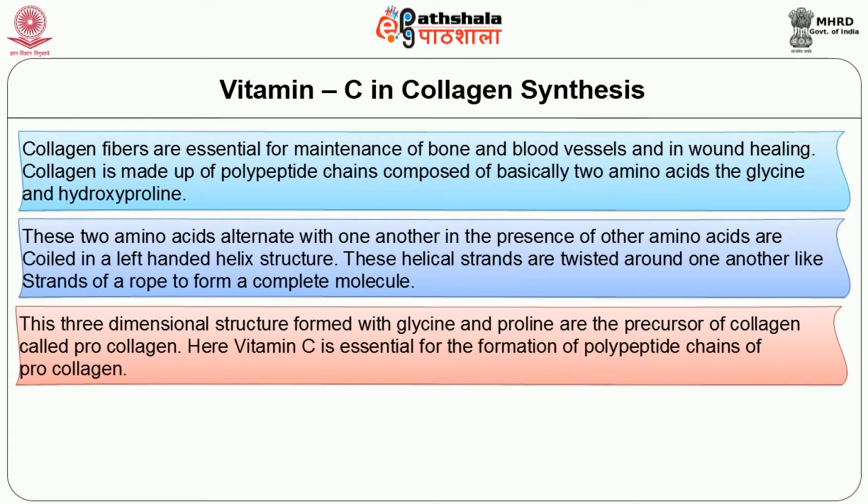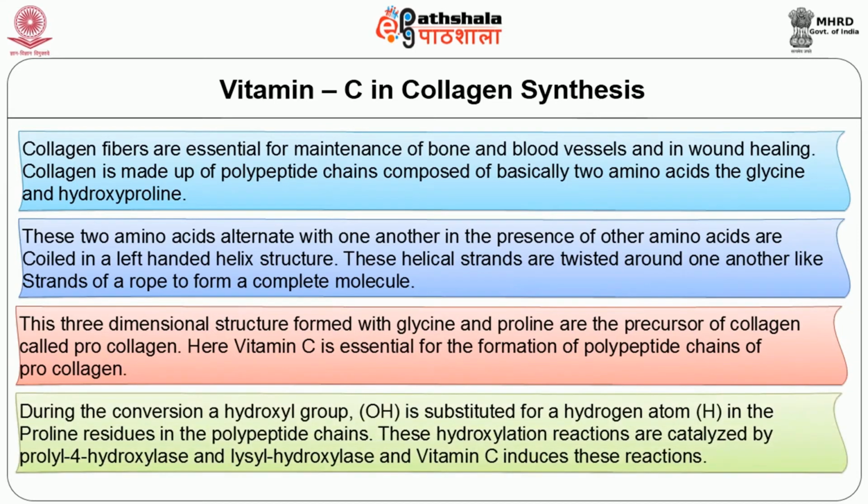Here, vitamin C is essential for the formation of polypeptide chains of procollagen. During the conversion, a hydroxyl group is substituted for a hydrogen atom in the proline residues in the polypeptide chains. These hydroxylation reactions are catalyzed by prolyl 4-hydroxylase and lysyl hydroxylase, and vitamin C induces these reactions.